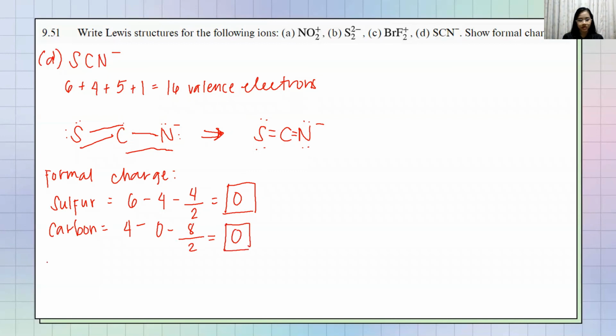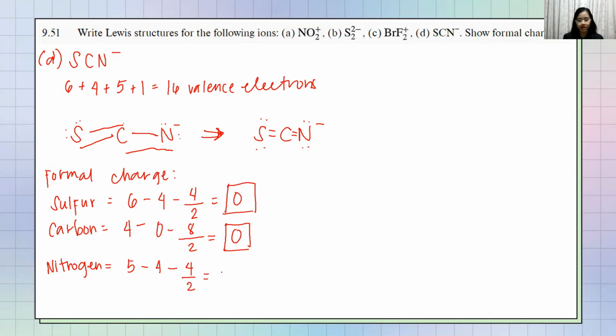So for the nitrogen, 5 valence electrons minus 4 non-bonding minus 4 bonding electrons over 2.